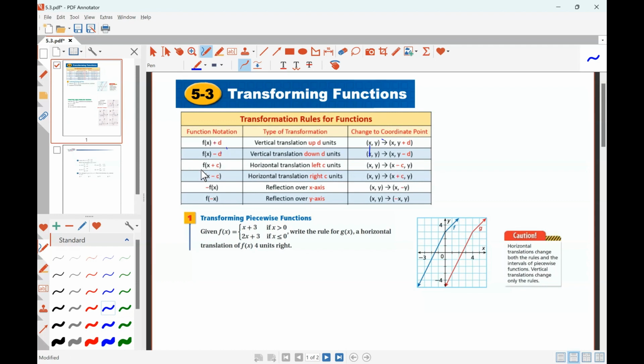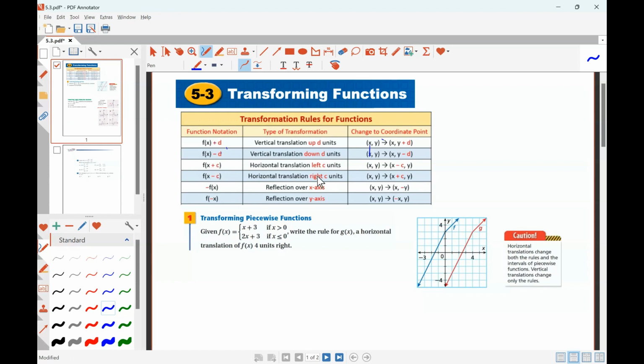To write the rule for the function, it is going to be the opposite. Instead of subtracting in the rule, you are adding. So you are writing it as f of x plus c, and the change is inside. The x will be affected, not the y. So you are going to write this change inside the bracket, x plus c.